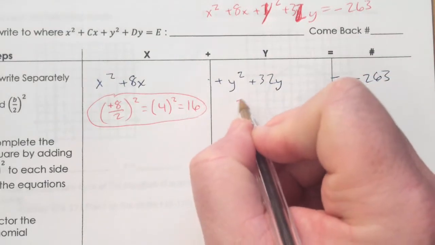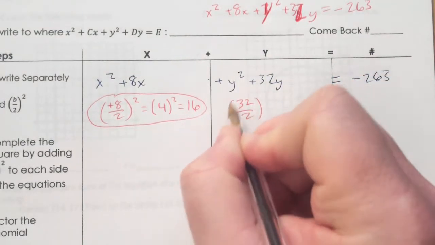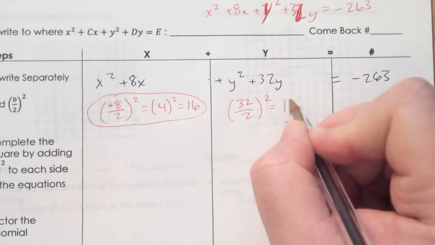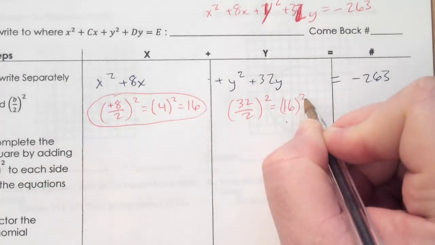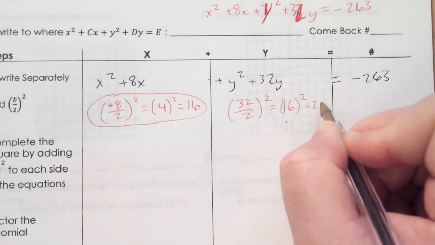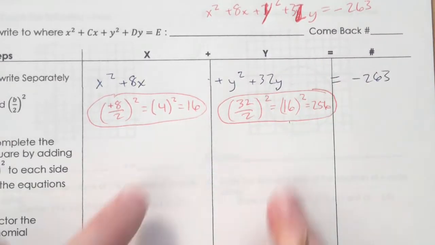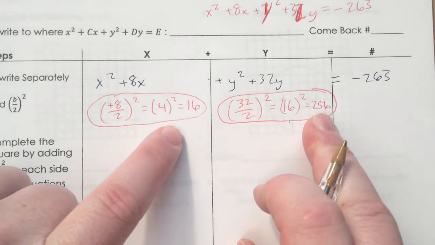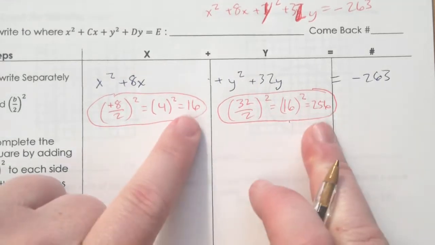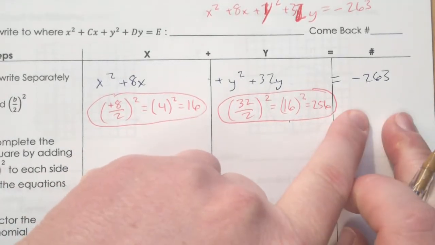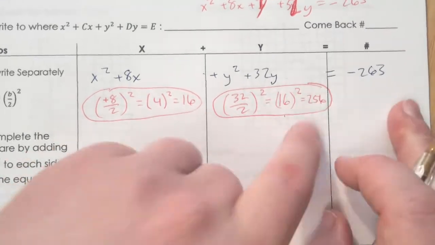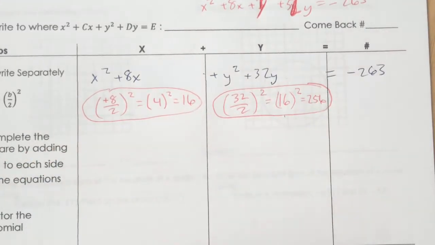We take a positive 32, divide by 2, and square it. So 16 squared, and you get 256. That's a bubble thought. All we did was divide by 2 and square it. Now these numbers are going to add onto the other side.